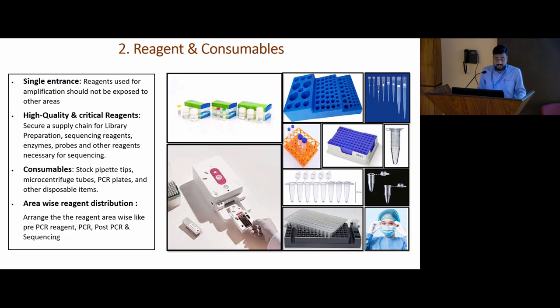Consumables like stock pipette tips, microcentrifuge tubes, and PCR plastic waste have to be maintained properly. For area-wise reagent distribution, arrange the reagents area-wise: the pre-PCR area has a set of reagents, the PCR area has its own sets, and post-PCR and sequencing reagents have different storage places.